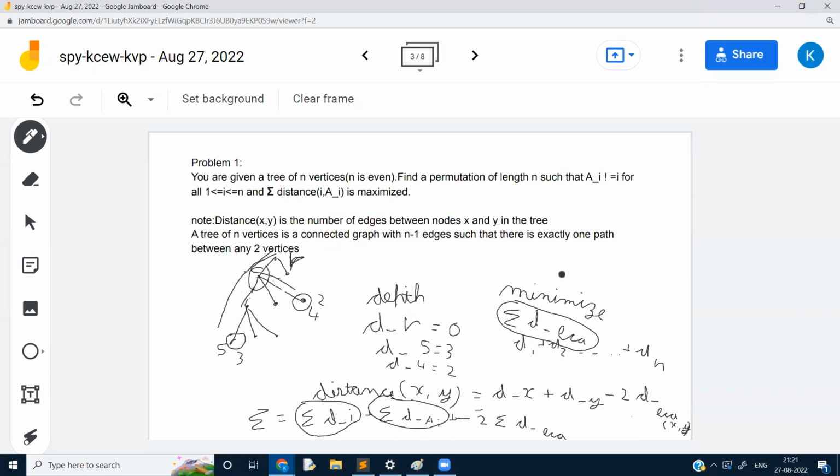But does the summation of the depths change if you change the root node? Yes, like for now, let it be rooted at any R. We will decide the R later, but this is true for all R. But we need to maximize the distance, so we will try to choose R in such a way that we can get the depth of the LCA to be 0. And this turns out that it is possible.